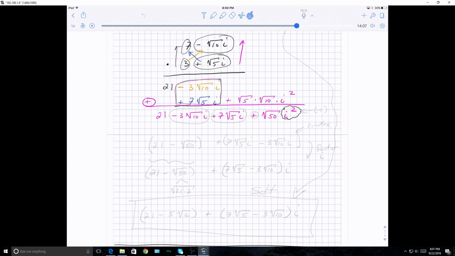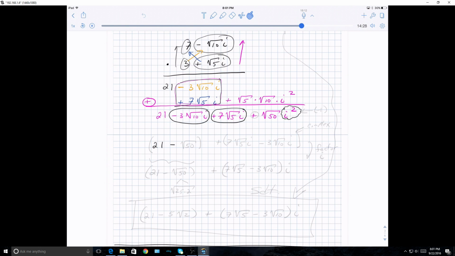Now all we have to do is put the like things together. All it has to do is put this in standard form. So because these two terms have i's in them, I'm going to group them together. Well, you'll see in a second. So I'm just going to rewrite this.